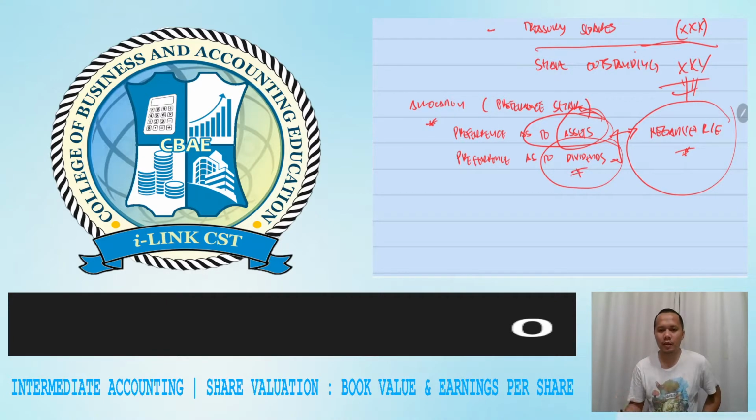Now, we have to remember na if there is a negative retained earnings or negative net income, we cannot declare dividends, di ba? How can we declare dividends if we have no funds allocated to pay that particular dividends? Yeah, that is the general rule. So, wala. See? Nakuha ninyo ang difference between the two. Okay?